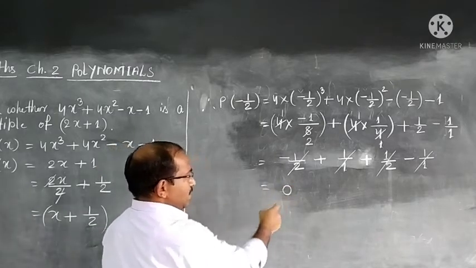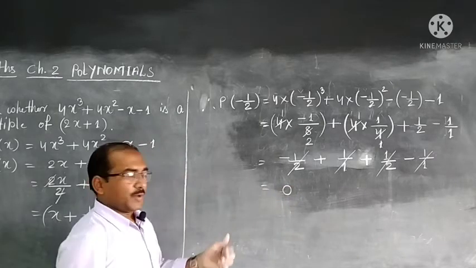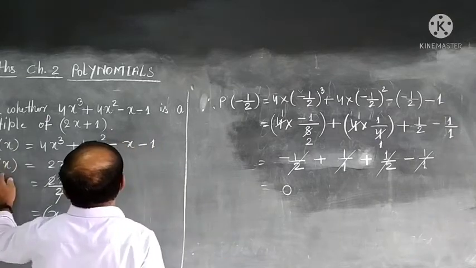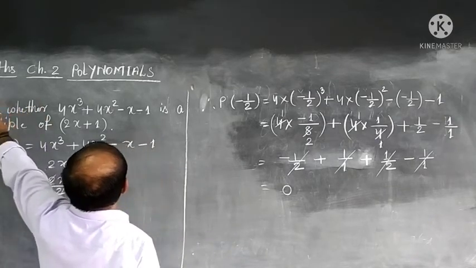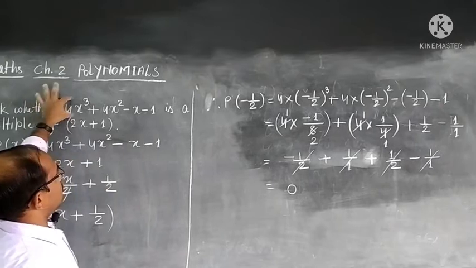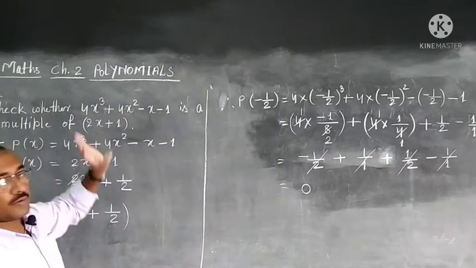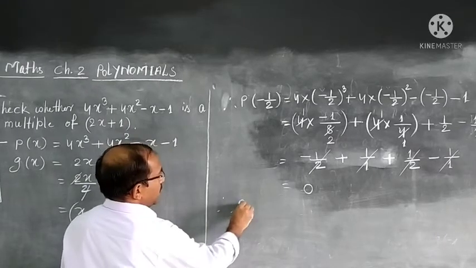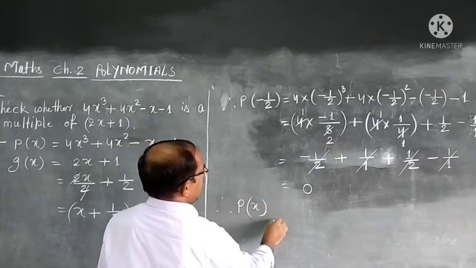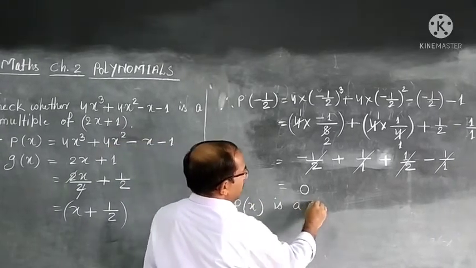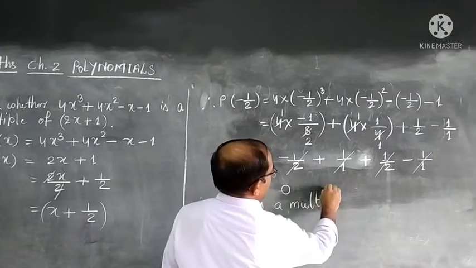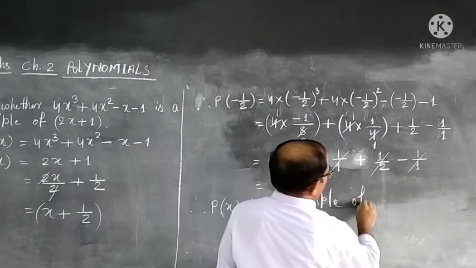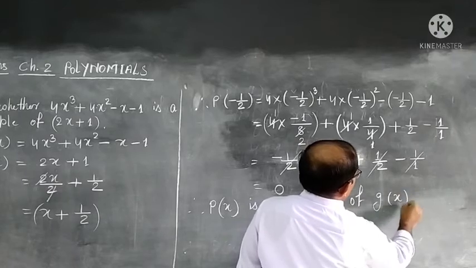So, the remainder is 0, surely that will be the multiple, and we have given names. Otherwise, we would have to write, yes, this polynomial is a multiple of this. Giving names, we can conclude with the names. Therefore, p x is a multiple of g x. So, easy work.